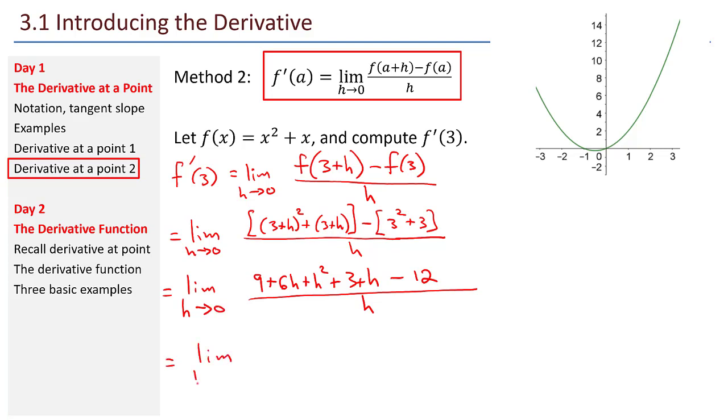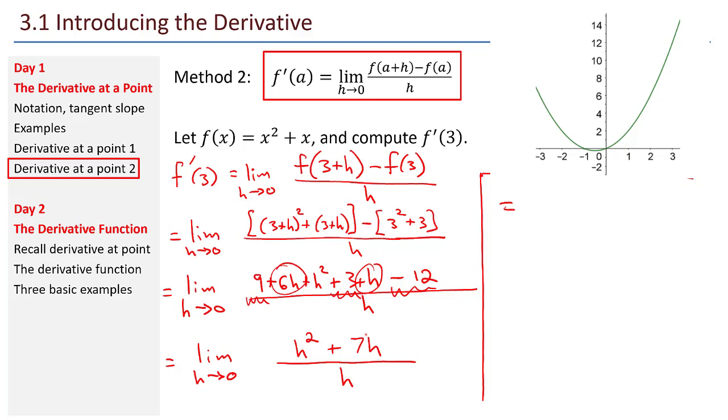This equals the limit as h goes to 0. In the denominator I have h. In the numerator I have an h squared. What about my h's? I have a 6h and a single h, so that means I have a plus 7h. And the numbers fall away: I have a plus 9, a plus 3, and a minus 12.